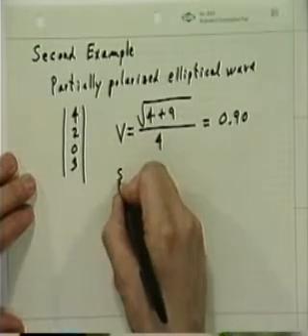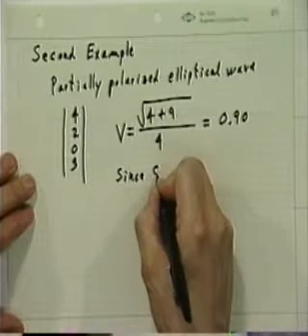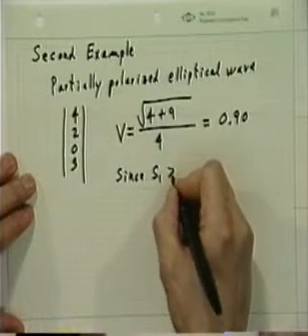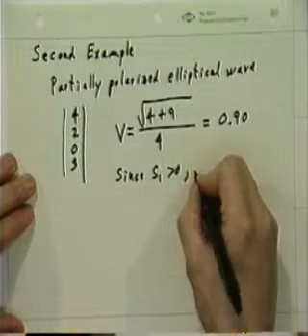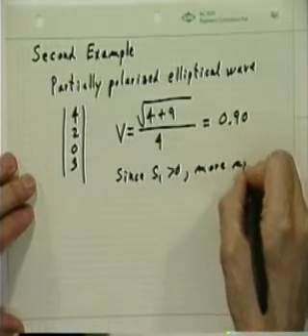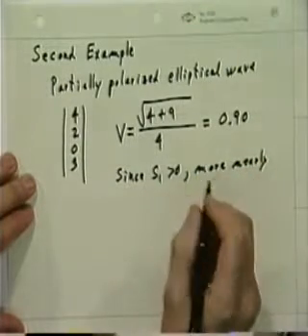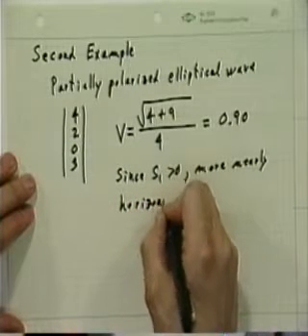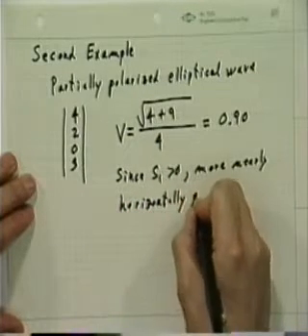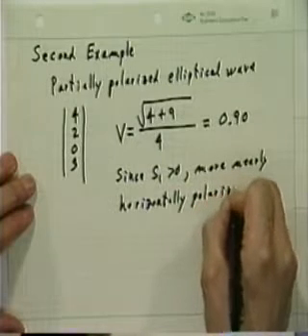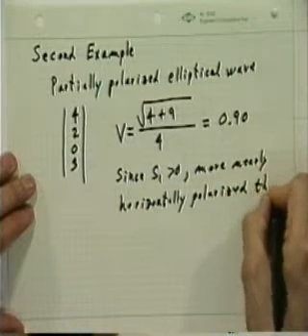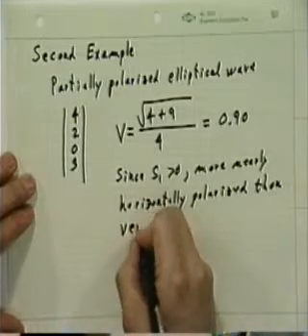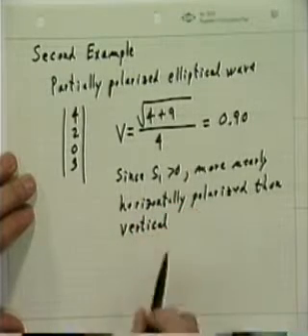Now, since S1 is greater than 0, it's more nearly horizontal than vertical. Okay, so we see that.